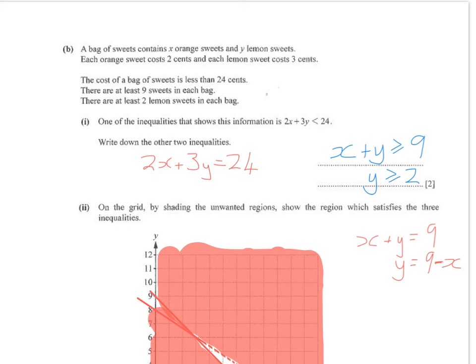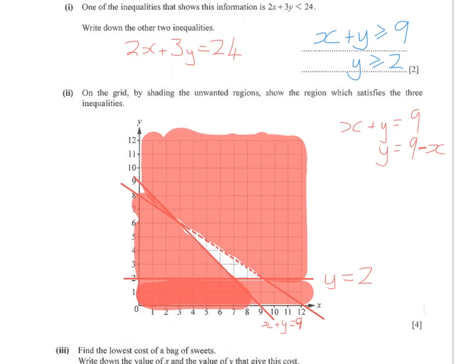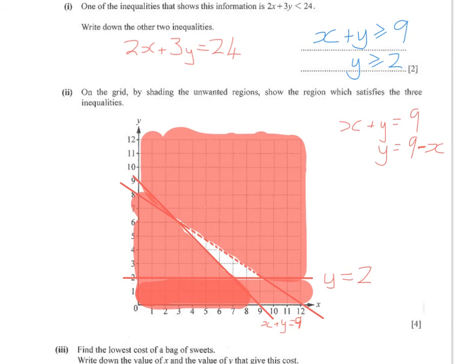So these three: the bag of sweets costs less than 24 cents, there's at least 9 sweets in the bag, and there are at least 2 lemon sweets in each bag. Anything which is in that white area there, but not on the dotted line, will meet those criteria.